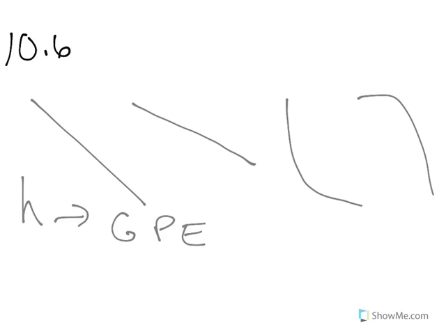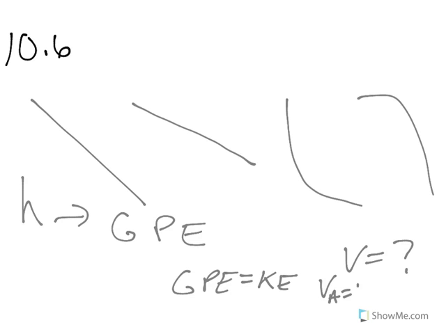And if there is no friction, which there isn't because it's a frictionless slide, then the gravitational potential energy should equal the kinetic energy, which means they should all hit with the same kinetic energy, and therefore with the same speed. So VA equals VB equals VC equals VD. All the way down.